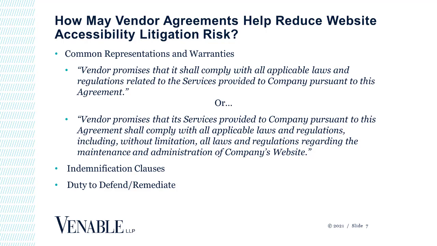Does it mean that this vendor is promising that the website it designs for its client is going to be free of access barriers? I don't think so. To me, at most, this type of rep means that the vendor is promising that the vendor itself isn't going to violate any laws that apply to the vendor while it's designing your organization's website.